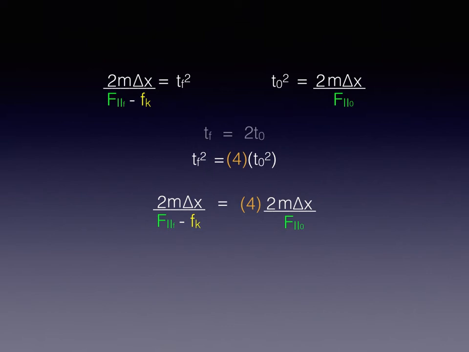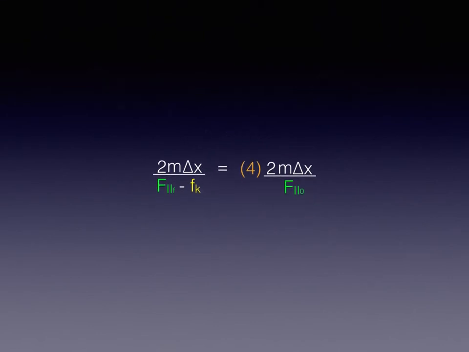mu k, that coefficient of kinetic friction that is somehow locked up in that yellow kinetic friction force. Okay? So let's get this all by itself. Take a look at it. Well, what's the first thing you see? Well, I see some fractions. I don't like fractions. Let's put everything into one straight line, straight across.